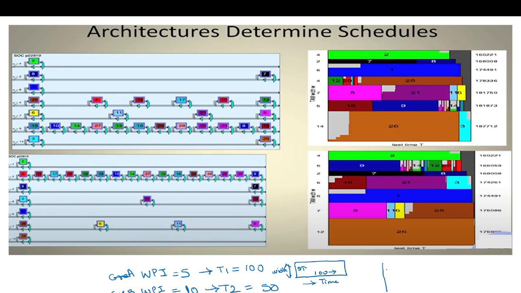And for the next one, see, like this will be 10. Sorry, 10. And this width, this time, it is 50. And this is the width.